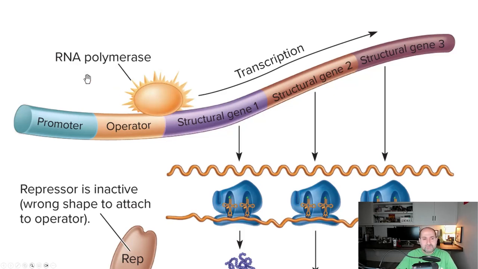So the way this works is the operon is normally on, which means RNA polymerase is free to bind to the promoter, proceed down and transcribe structural genes 1, 2, and 3. Remember, a very long mRNA molecule is transcribed, which contains the information for all 3 genes.